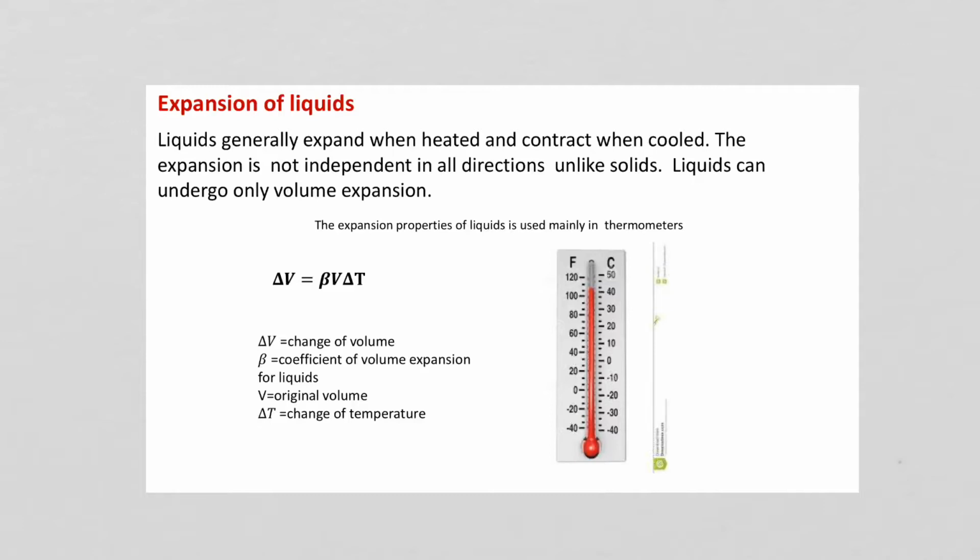This formula applies for solids as well, where the change in volume here will be the product of change in length of each dimension of a solid, and the coefficient beta is equal to 3 times the coefficient of linear expansion alpha. So that's the relationship. The units in which beta is calculated are also 1 divided by degree Celsius or 1 divided by degree Fahrenheit.